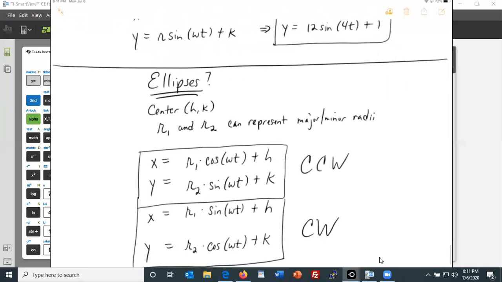So it depends on which axis is parallel to each radius, or which axis is parallel to the major radius.